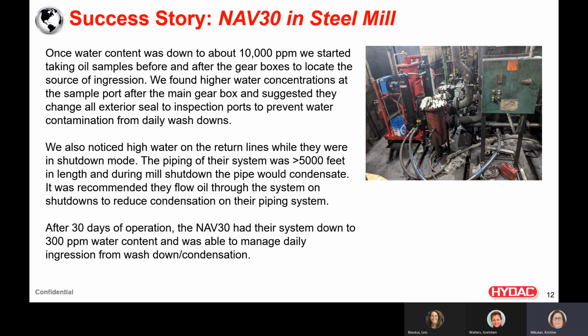We also noticed high water in the return lines while they were in shutdown mode. This plant had about 5,000 feet of piping running throughout the system, and during mill shutdown, the pipes would condensate as the oil was cooling down in those lines. So we recommended that they flow oil through the system on shutdowns to reduce condensation in their piping systems.